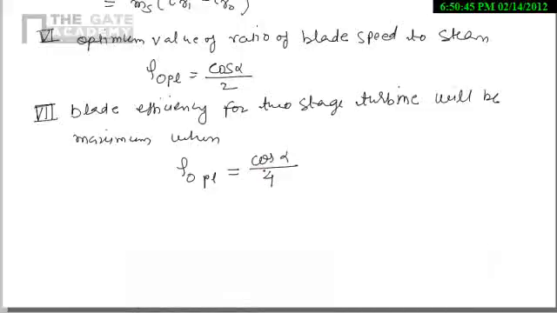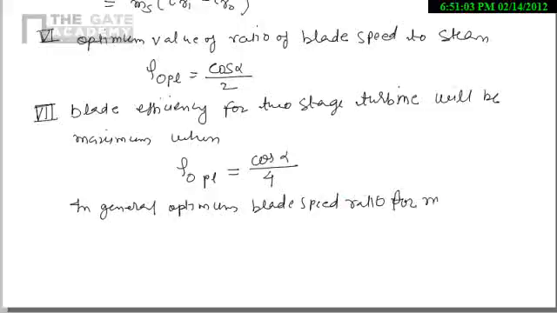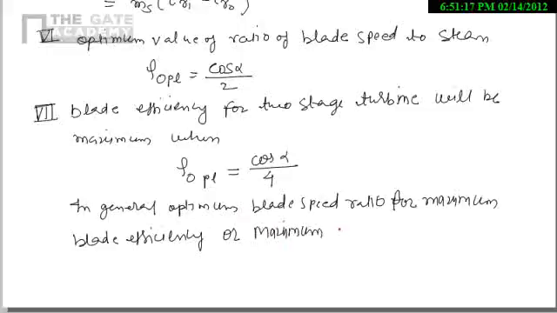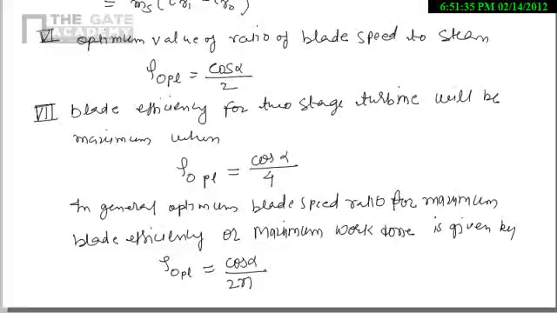In general, the optimum blade speed ratio for maximum blade efficiency or maximum work done is given by optimal ratio equals cos alpha divided by 2n.